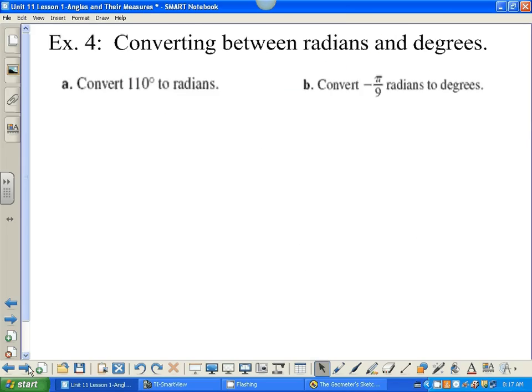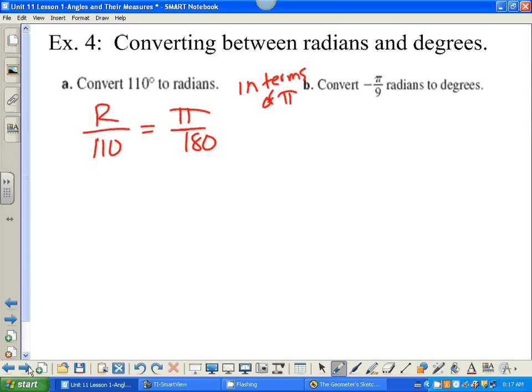So as we're going to convert between radians and degrees, if I want to convert 110 degrees to radians, I say to myself, I have radians over degrees equals pi over 180. They gave me a degree, so I'm going to put in 110. Now, I want your answer to stay in terms of pi. That means I don't want you to multiply by 3.14.